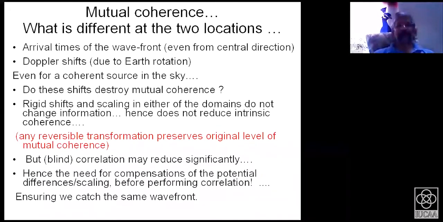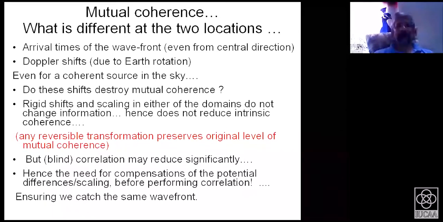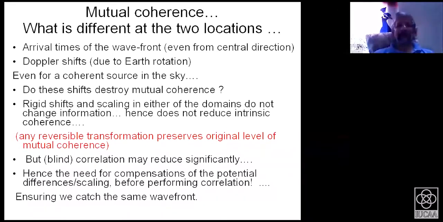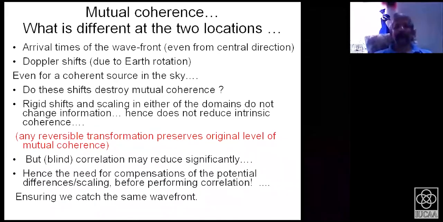But if we know exactly what has happened, we can correct for these. And so, as much as we allow for shifts, one of the definitions I've been told whenever I ask people what they have been taught as the meaning of coherence is that two things are coherent if the phase shift between them is constant as a function of time.